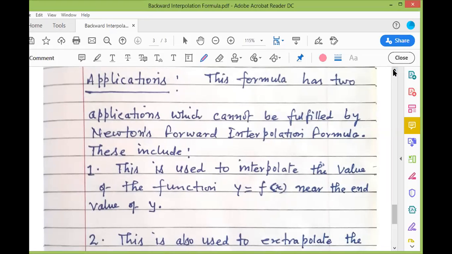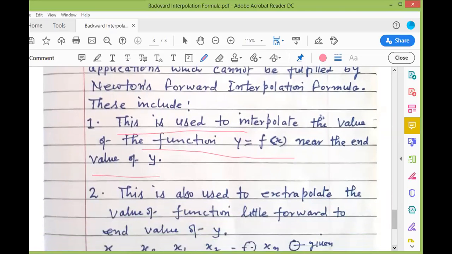That is, the method of extrapolation is also not possible with Newton's forward interpolation formula. Therefore, the first application is to interpolate the value of the function y equal to f x near the end value of y. This is the first application.